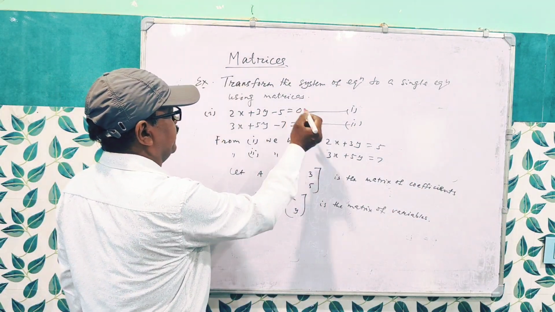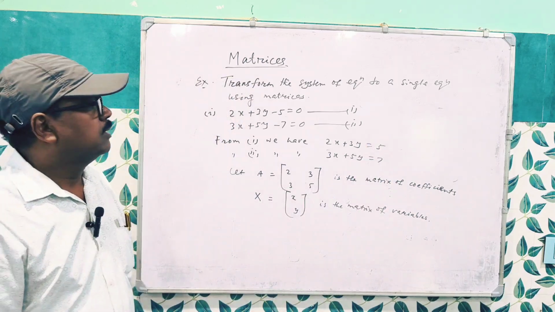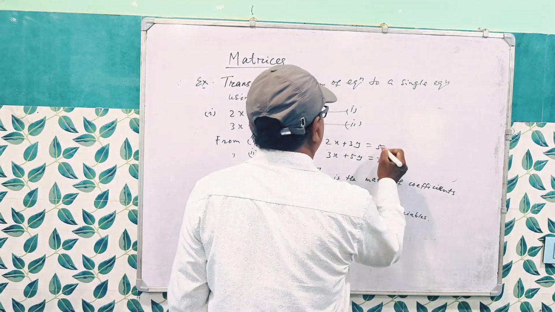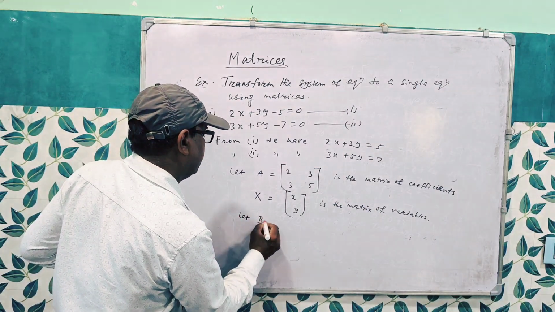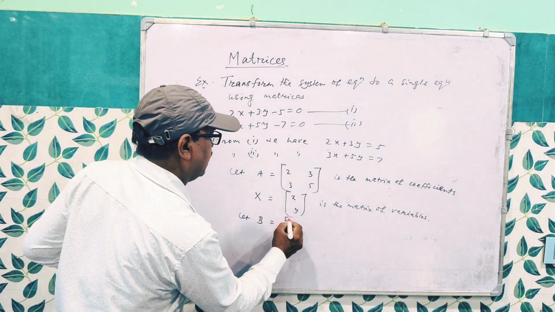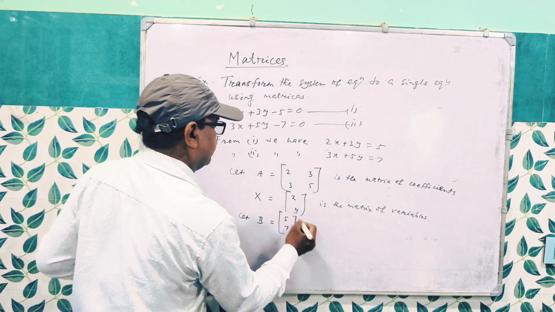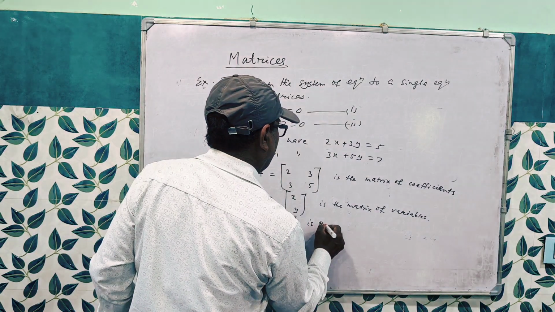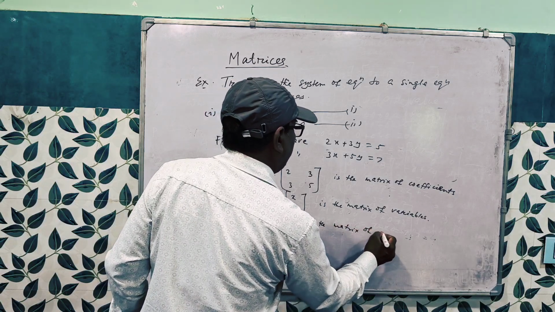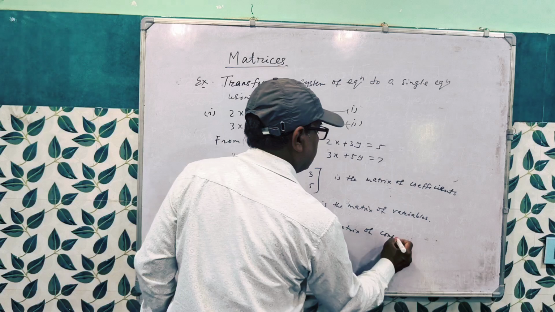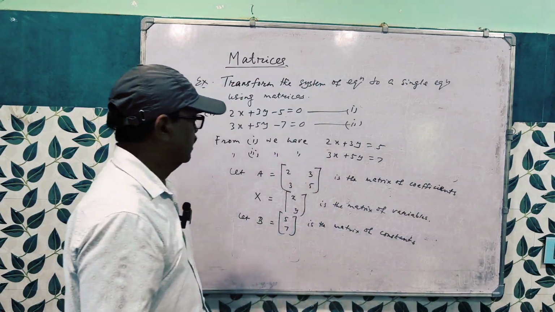And in the RHS, let B is equal to 5, 7, the matrix of constants.